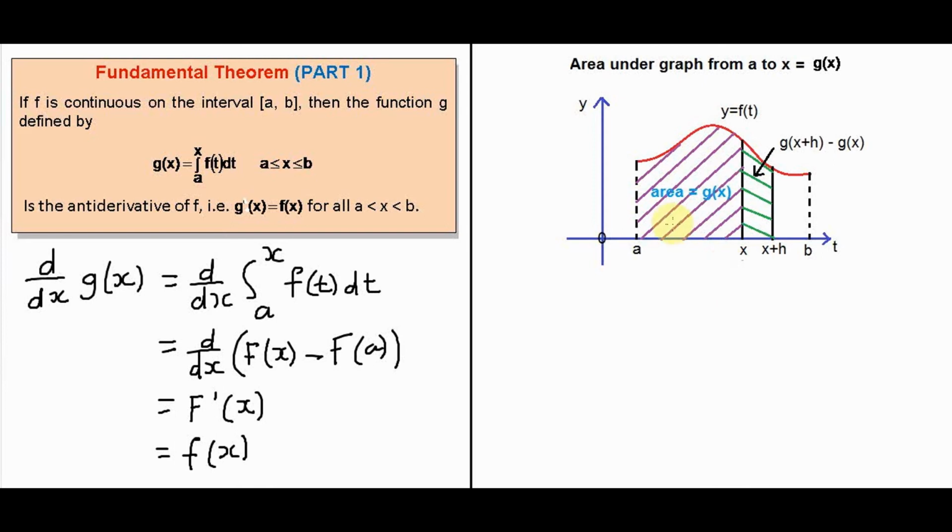Then the green area under the graph will be the area under the graph from a to x plus h minus the area under the graph from a to x. In other words, the green area over here will be g of x plus h minus g of x.